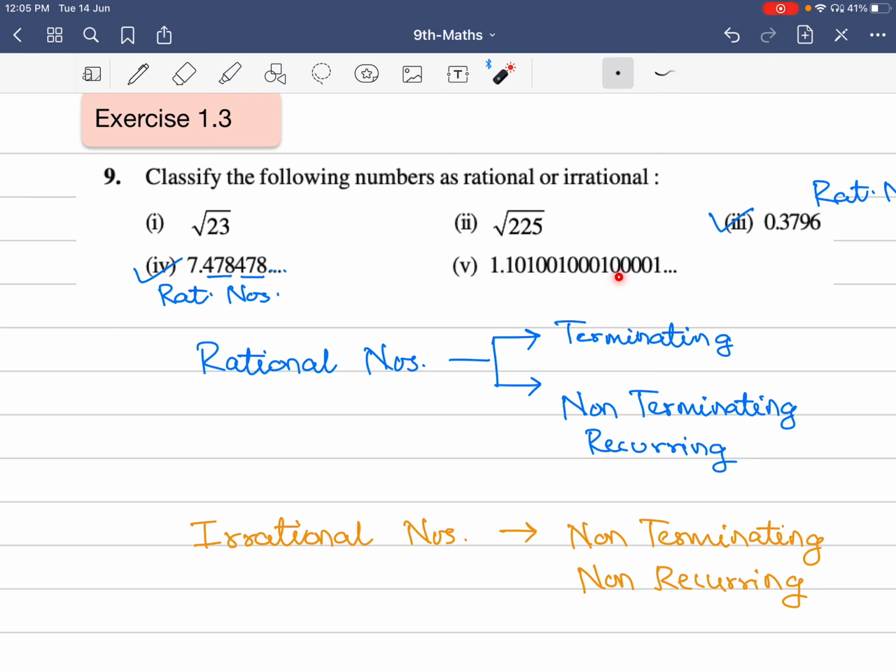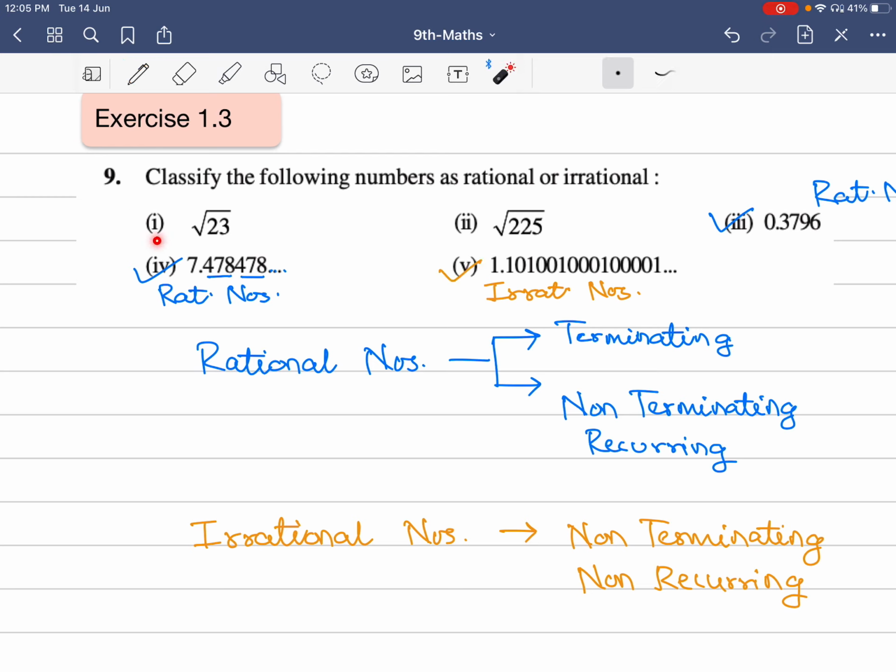So this number is non-terminating, obviously, but it is non-recurring. There is no repetition of digits. Non-terminating and non-recurring, it has to be an irrational number. So I'm going to write it as an irrational number. The fifth one is also done.